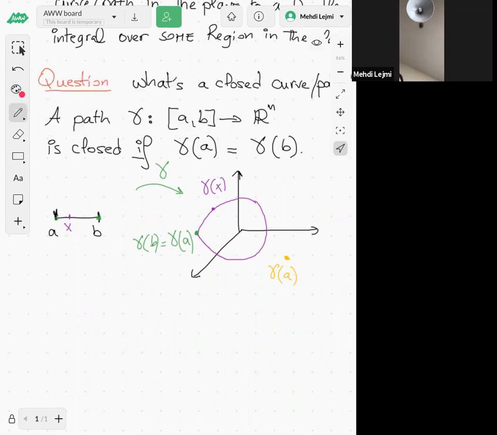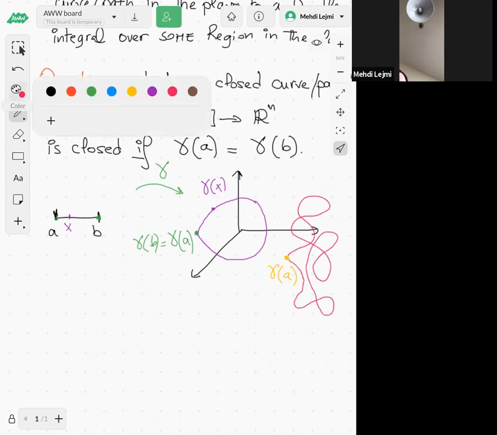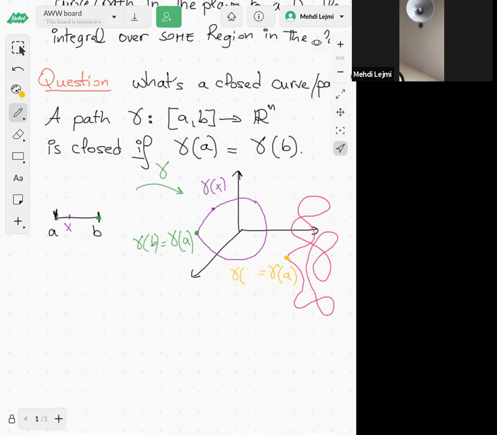So here's my path, right? And of course gamma of A and gamma of B are equal, so you come back to the same point here. Okay.